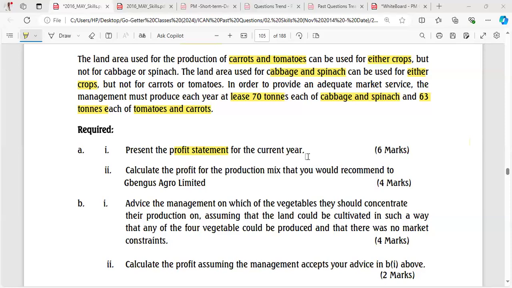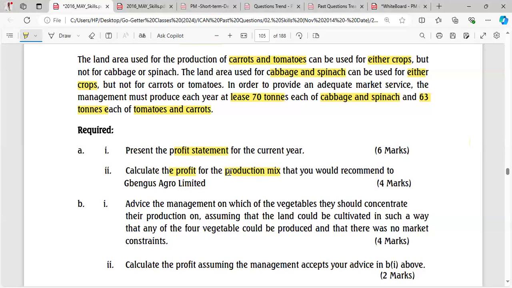Okay, so we've done the profit statement for the current year in A1. Second part is talking about what you would recommend. That means you're talking about next year. So in the next year, you are going to recommend something that will optimize profit for the company.